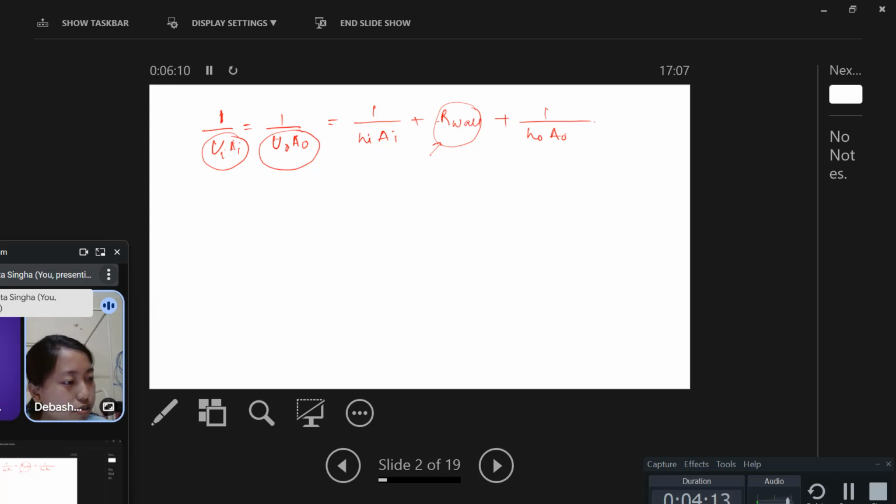So this can be written as, the resistance is only this. If you want to calculate with respect to the inner tube, if we multiply Ai throughout the whole equation, we can get like this.